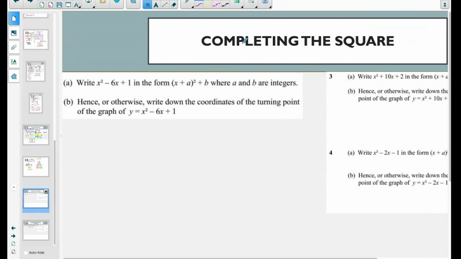So this is really the format of what our starter question looked like: finding the turning point of x squared minus 6x plus 1. Let's rewrite this: x squared minus 6x plus 1.